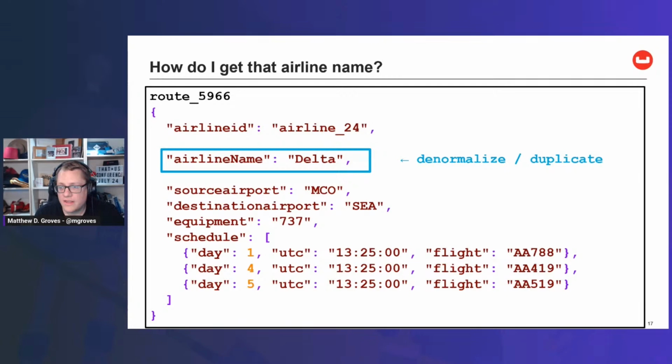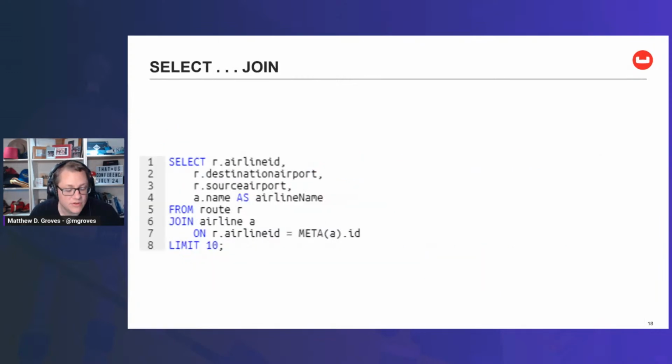We have to check and update this in multiple places whenever that data changes. And we run the risk of the data being out of sync or outdated, just like a cache. So in that case, you may want to keep the data separate. You don't necessarily always have to normalize, but normalization is still an option.